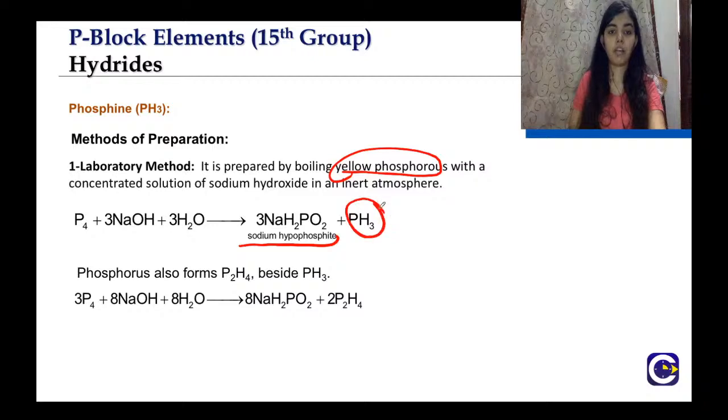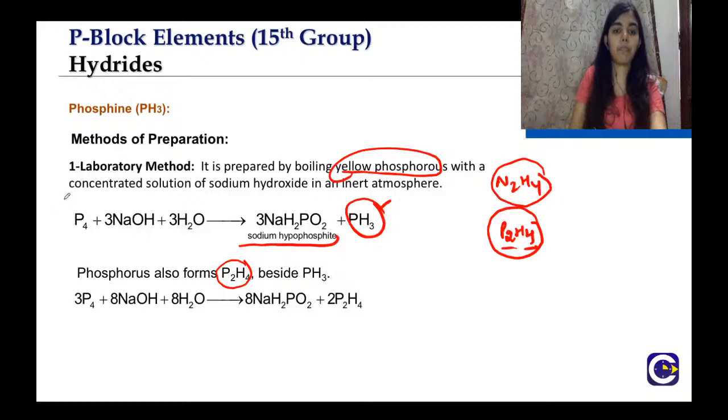Okay. Now phosphorus also forms P2H4 beside PH3. Now this is also very important, that N2H4 we know basically that it is being formed. Similarly, P2H4 is also formed. So phosphine has two laboratory preparations basically. First is this one and the second one is this one, that is treating P4 with NaOH in the presence of water can give you NaH2PO2 plus P2H4.